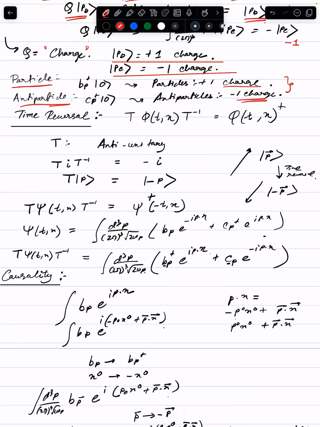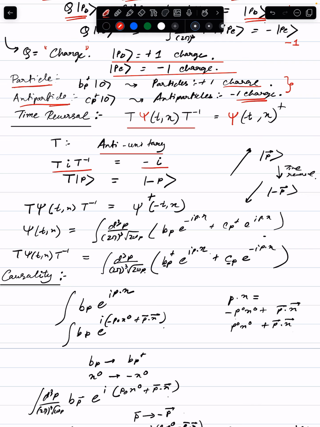between particle antiparticle pairs which comes under time reversal. You may remember from quantum mechanics, time reversal was an anti-unitary operator. So when I consider time reversal on some i, it gives me minus i. So if we take time reversal of some field operator psi, we should get psi of minus t, x, dagger. So it's anti-unitary.